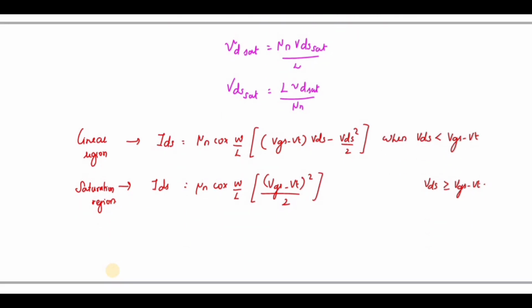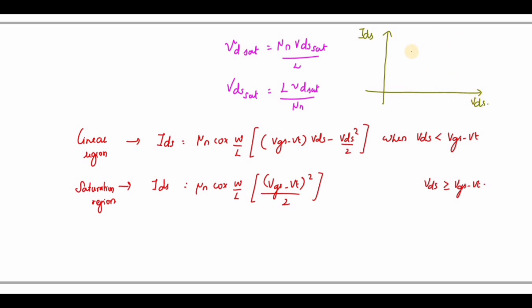If I plot the graph between VGS, IDS and VDS, this is a plot for IDS and VDS.